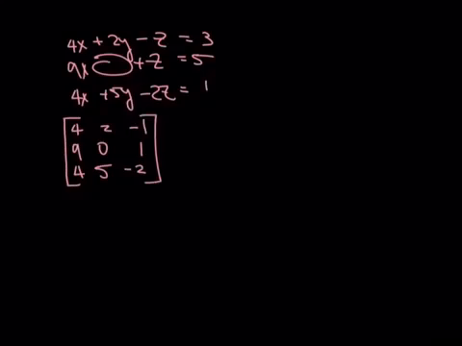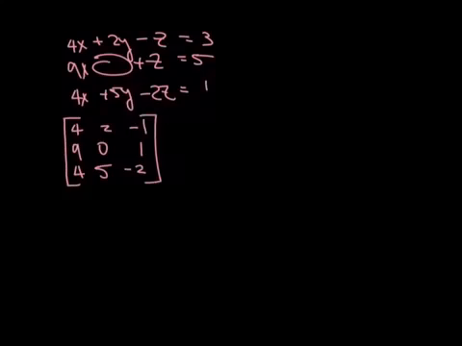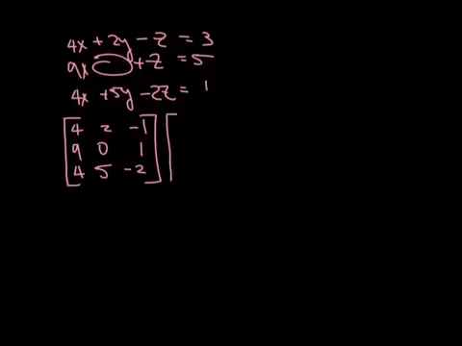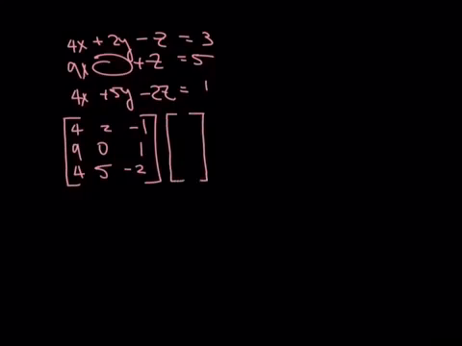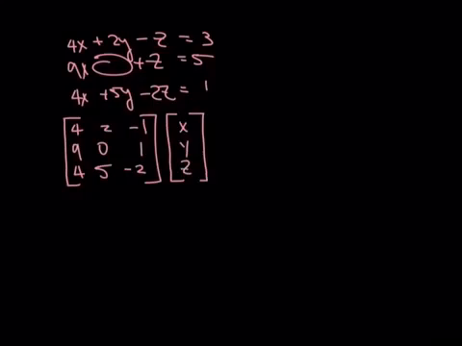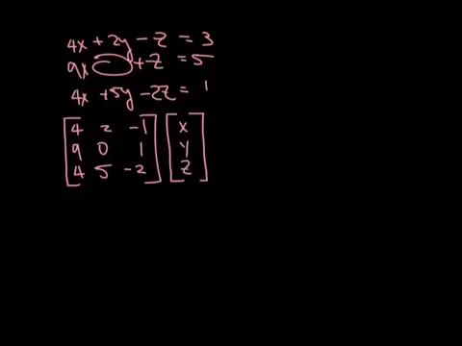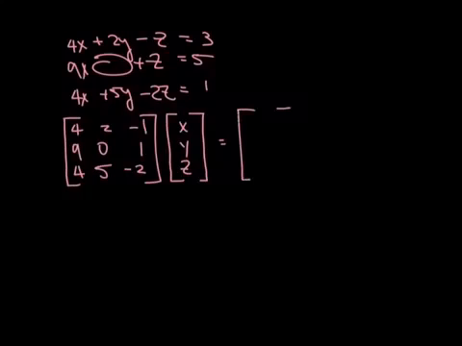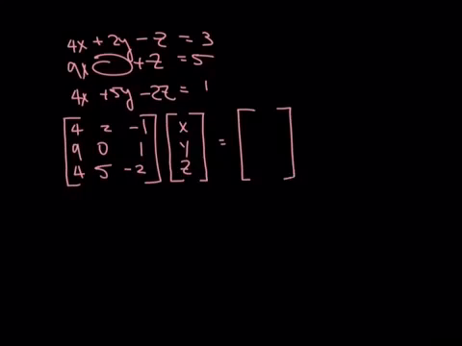Then I'm going to write an x, y, z, since I have 3 rows, equals my constants, 3, 5, and 1.